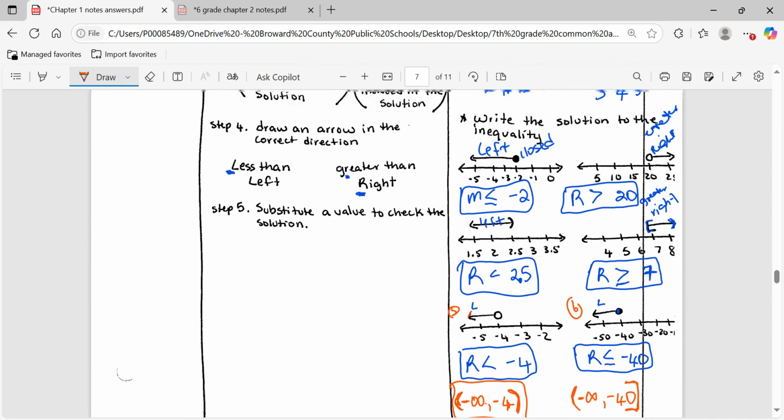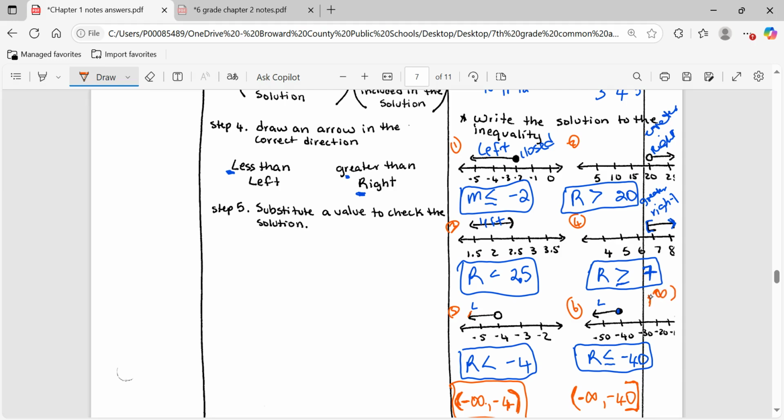Let's do it again. So here on number 1, 2, 3, let's look at number 4. We see that we're starting at 7 and the arrow is going to the right. So R is greater than or equal to 7. It's every number to the right. This, therefore, is going off into positive infinity.